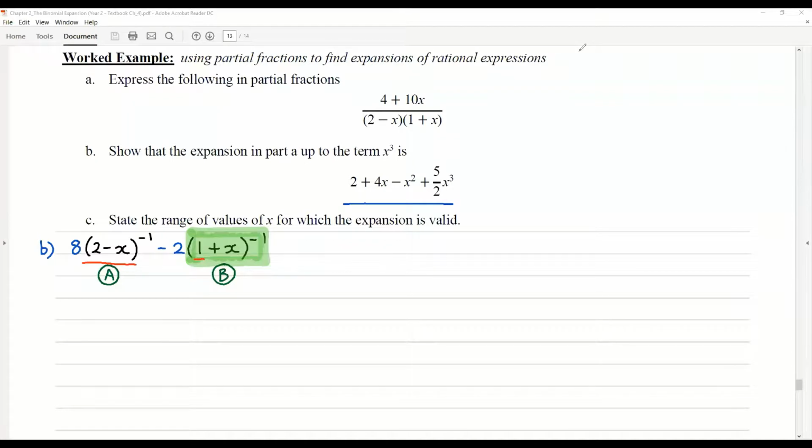So for part A, or bracket A, which we're going to talk about first, let's first of all consider the linear expression 2 subtract x. So 2 subtract x, I can of course rewrite this. I use my factorization. So I can write this as 2, and then obviously the bracket comes in and we get the constant 1, and then we subtract x over 2, like that.